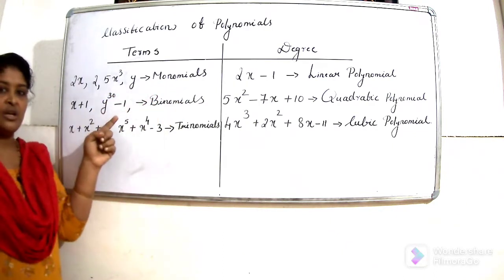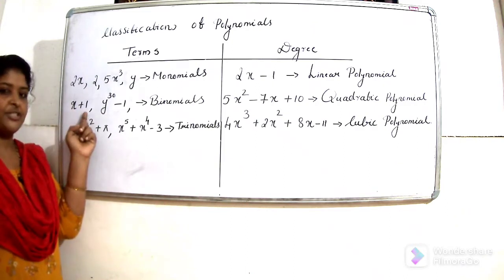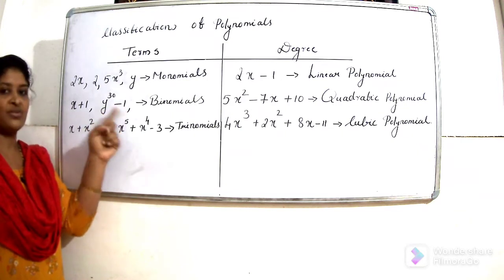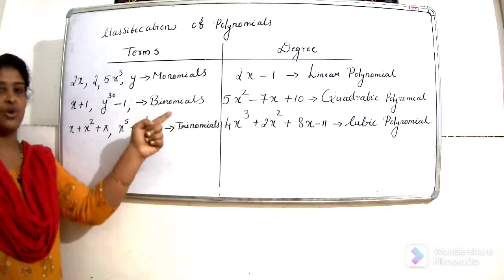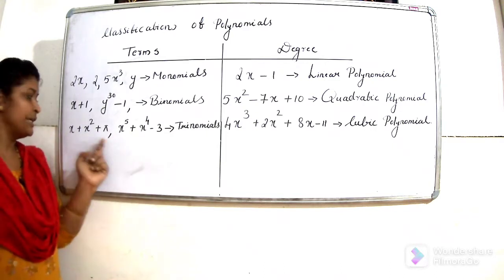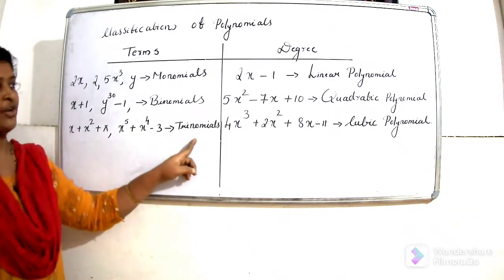In a polynomial, if there are two terms, for example x plus 1, there are two terms, y raised to 30 minus 1, two terms, so its name is binomial. If there are three terms, then it is known as a trinomial.